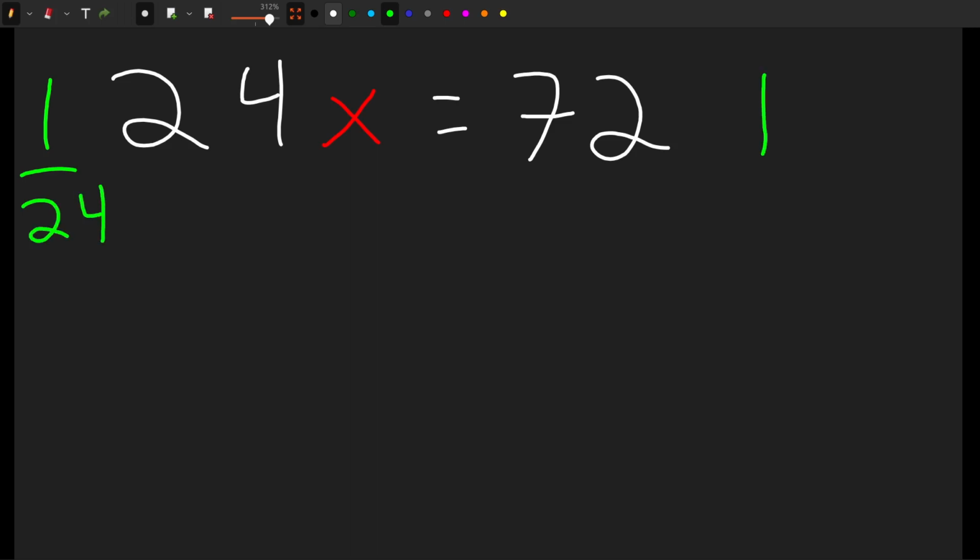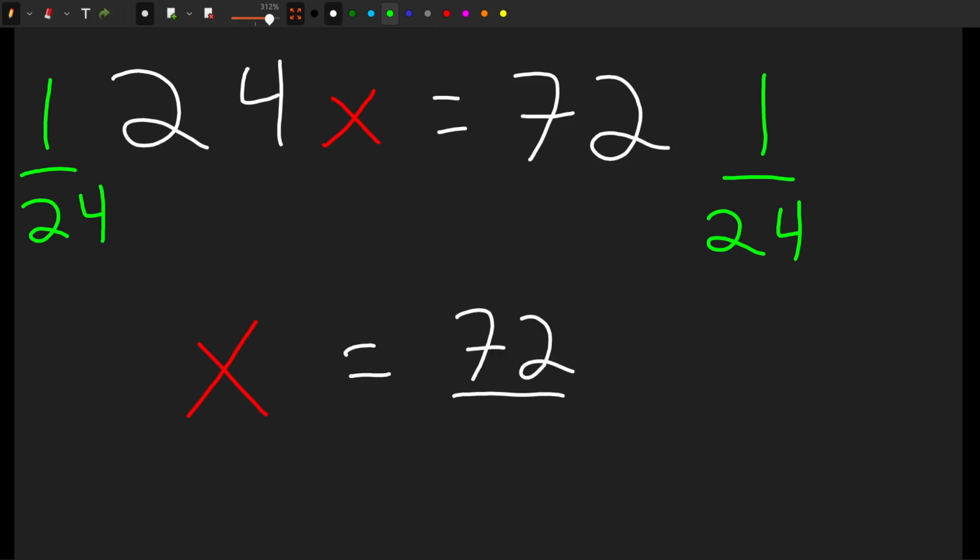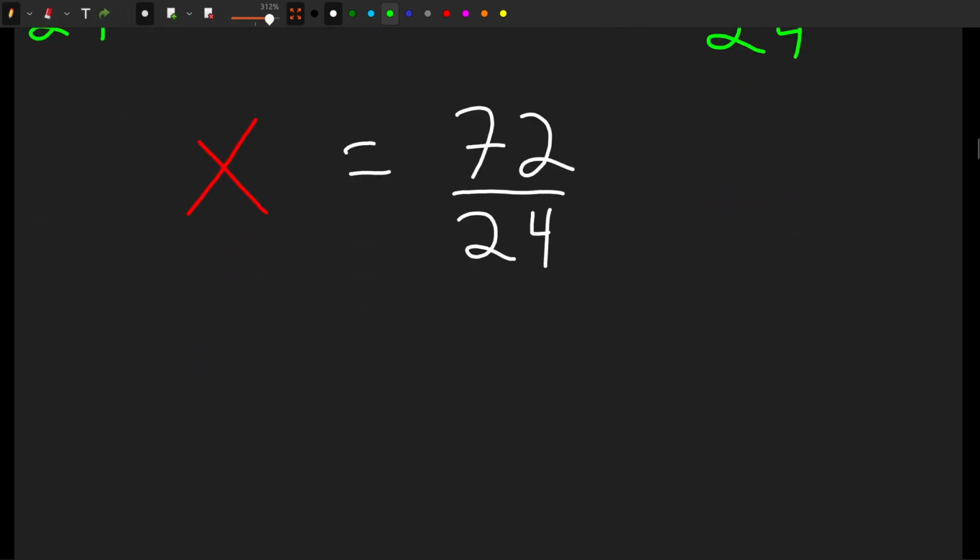Again, you can think about it as just dividing, but I'm going to multiply them by 1 over 24. On the left-hand side, I'm just going to get x because everything cancels out. And on the right-hand side, I get 72 divided by 24. And 72 divided by 24, working out the division, we are left with 3 as our answer.